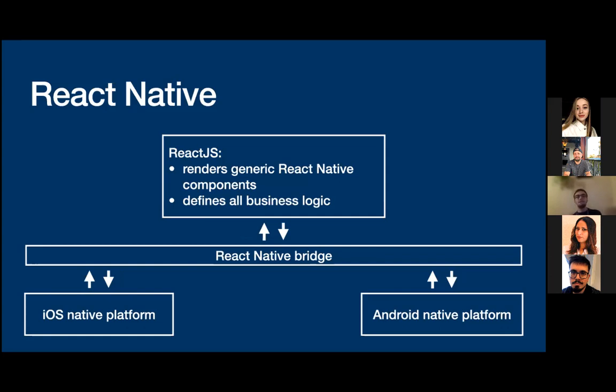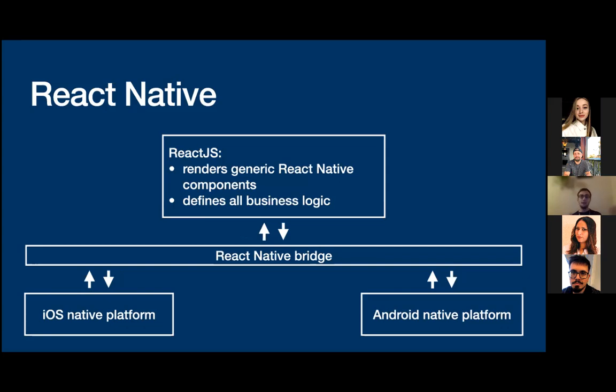So this is why React Native is so great. Whatever you write for your application using React Native is sent to native platforms as simply as possible. So it's basically saying, hey, there will be this navigation button in the top left corner of the screen. iOS, can you please render a navigation button there?